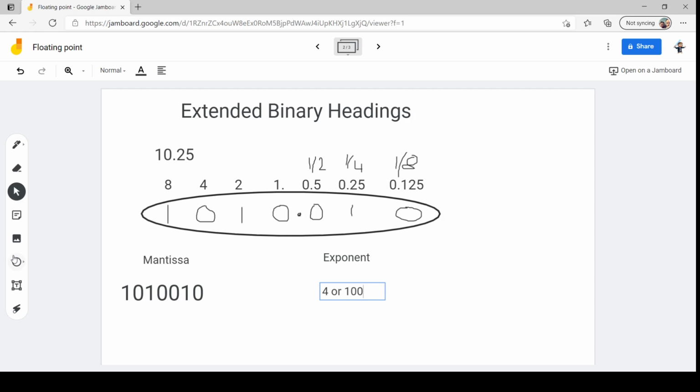So if you were to write this number out as a binary floating point number, it would look like this: 0.101010 times 2, and I'm going to make this bigger so that it's easier to see, to the power of 100.